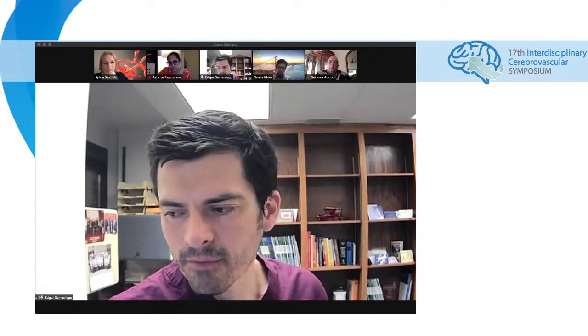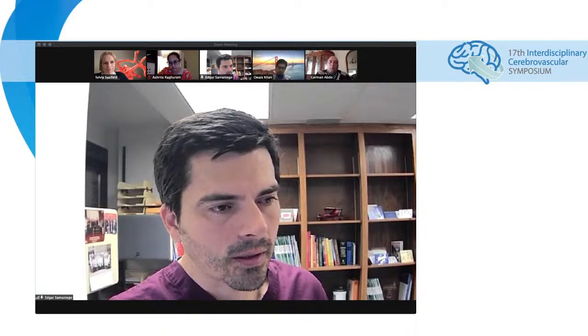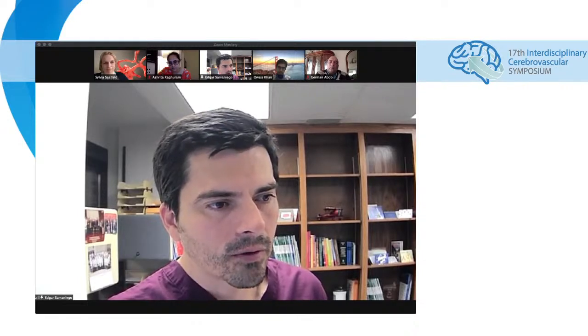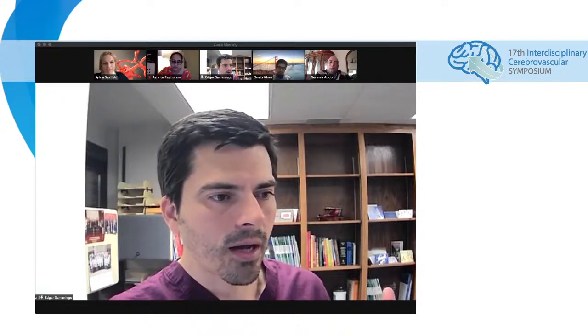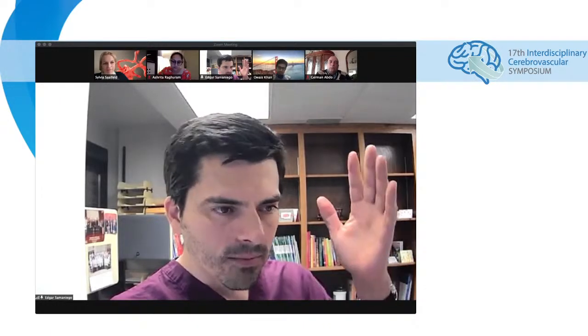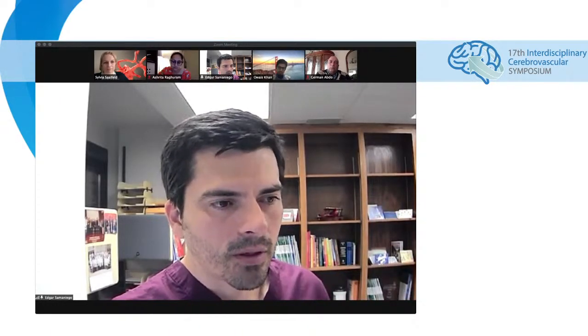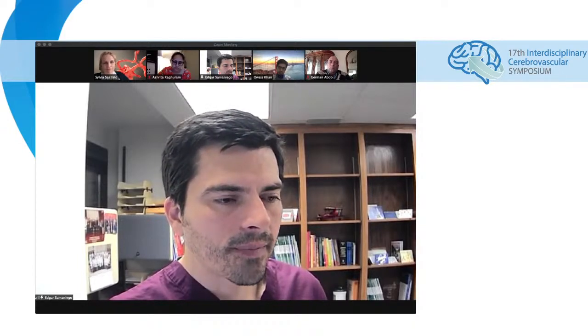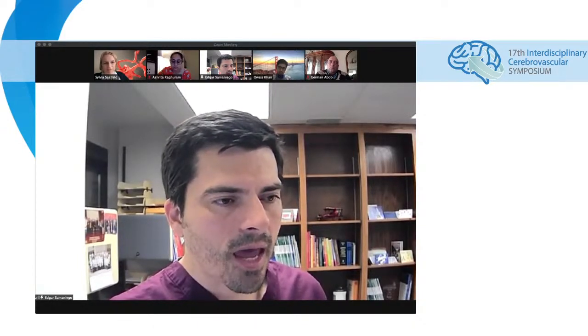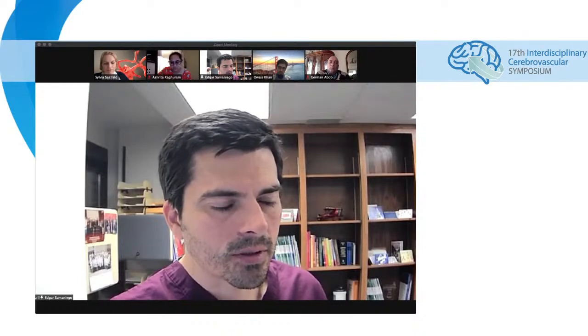I definitely think there is a component of flow artifact, because in some of the images that you showed, Sylvia, at the end, the signal of enhancement in the middle of the aneurysm is probably related to flow artifact, stagnation of contrast inside the aneurysm, and it's something that you see sometimes with larger aneurysms.